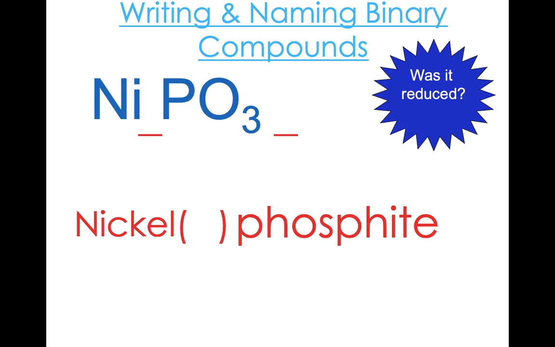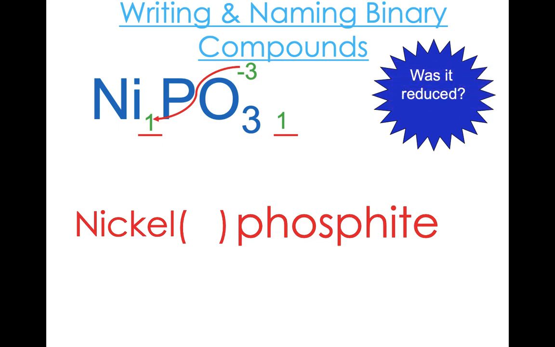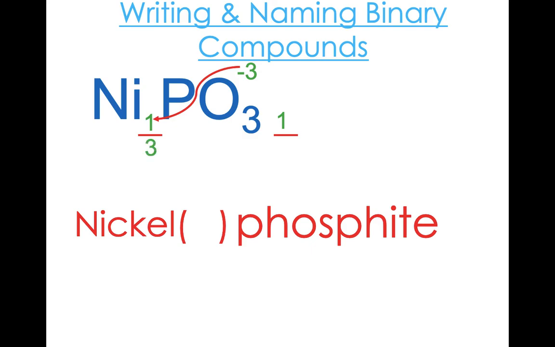Was it reduced? What's the original charge on the phosphite? You already know it's a -3. So what should I see next to the nickel? I should see a 3, and I don't. What I'm seeing is a 1. So yes, this was reduced. And I should see a 3 down here, and I don't.